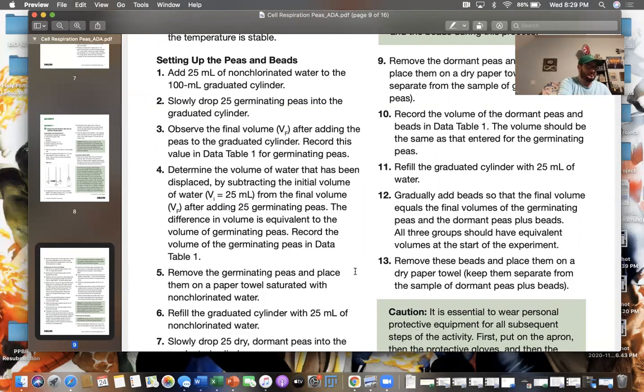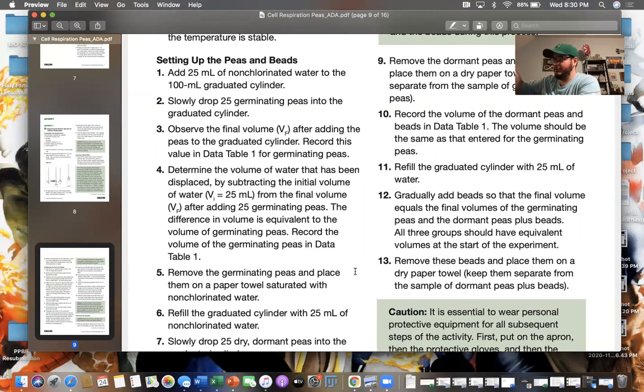All righty. So my germinating peas in the bag. First thing I'm doing, adding 25 milliliters of water into the 100 milliliter cylinder.